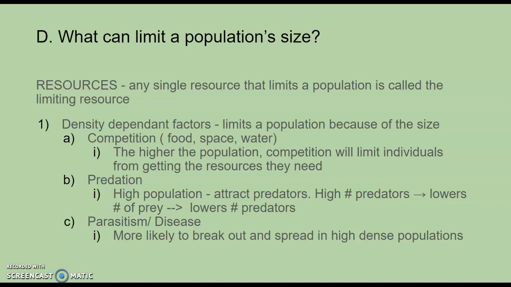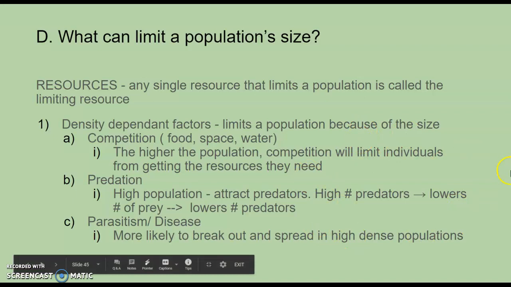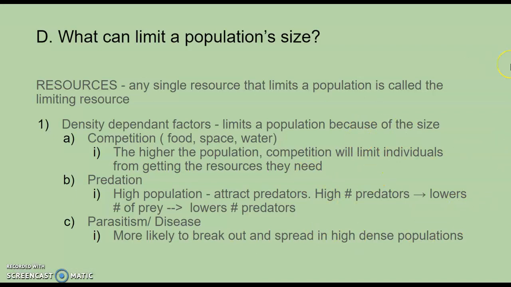So if my population is really dense, it's going to spread more easily, and that's why we're self-distancing. We're trying to make it less dense out there so it doesn't spread. We're going to talk about COVID-19 in our next part when we talk about humans, so that'll be more relevant there. But that's a great example of how this is dependent on size.